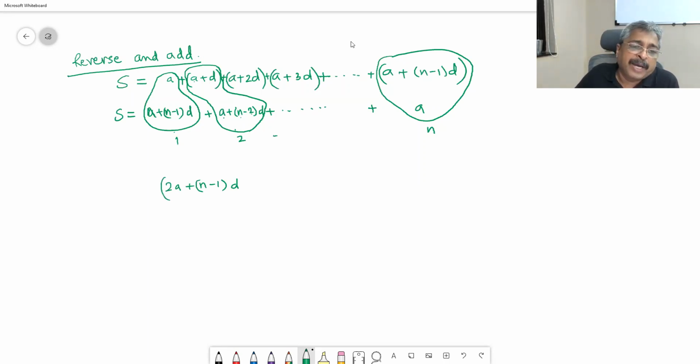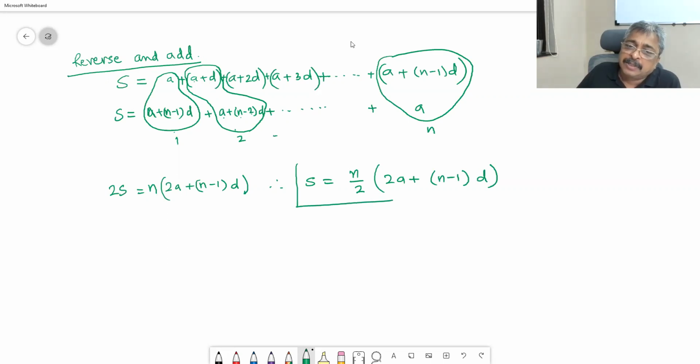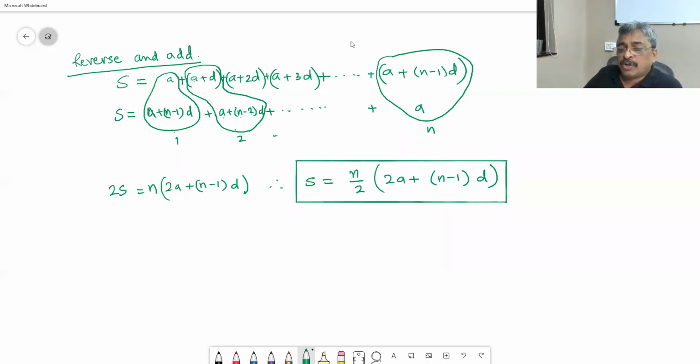So all of them add up to this. And how many of them are there? N. But then when we add LHS, we get 2S. Therefore, S is equal to n by 2 times 2a plus n minus 1 times d. So this is the formula for summation of n terms of an arithmetic progression.